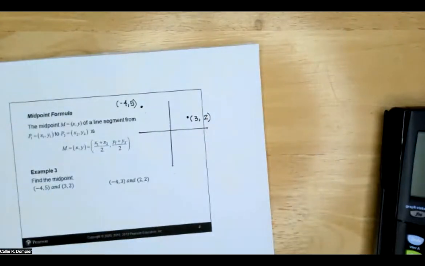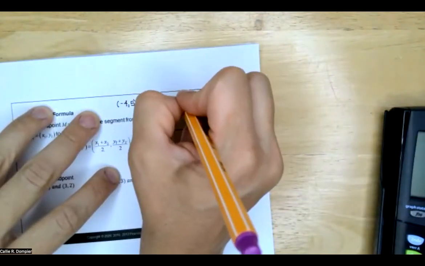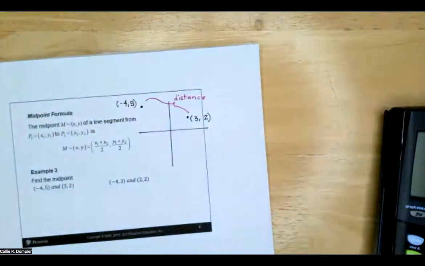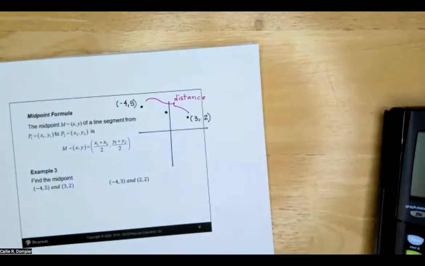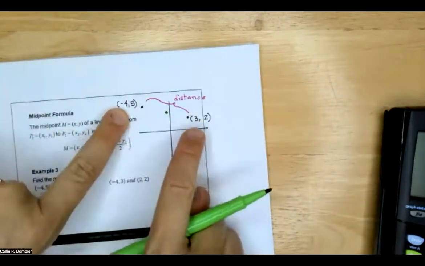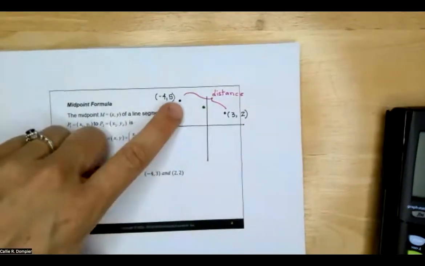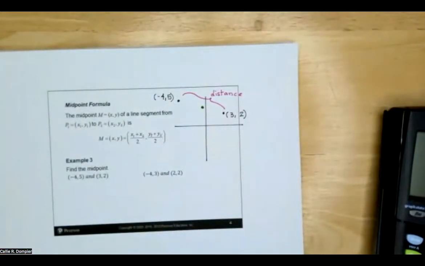What is halfway between this distance, right? So what we've been talking about would be what is the distance. But then the midpoint formula is going to ask us what is halfway between this point and this point. Again, it does not matter whether you label this point, point 1, or this point, point 1. It's still going to be able to find the middle, regardless of which one is your P1 and which one is your P2.